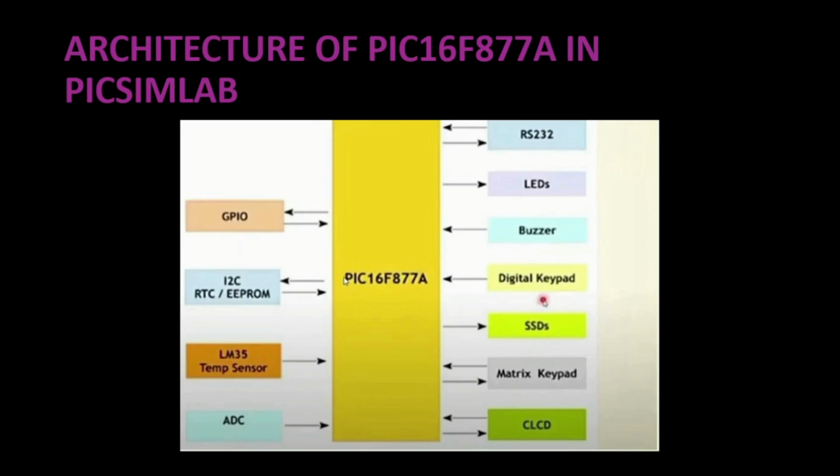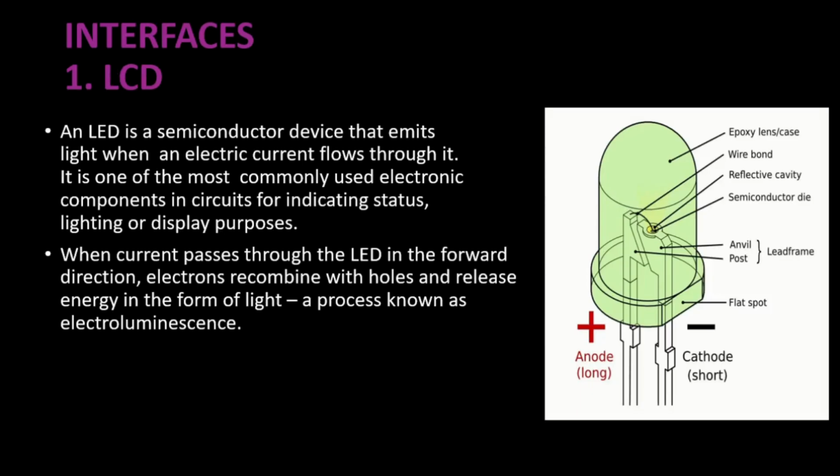The LED being turned on or off will let us know about the output, that is, whether the output is verified or not, whether it is working or not. There are also other peripherals like buzzer, digital keypad, SSDs, matrix keypad, and CLCD. We will know about all of these now.